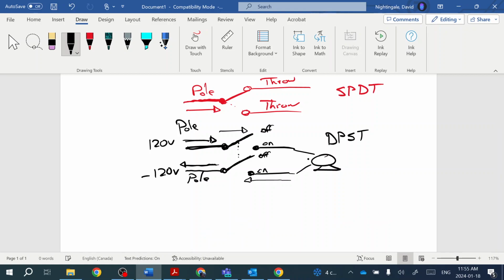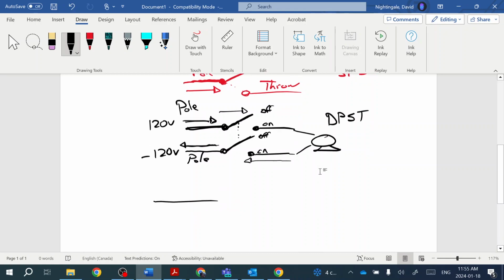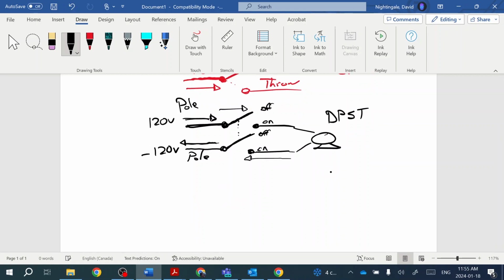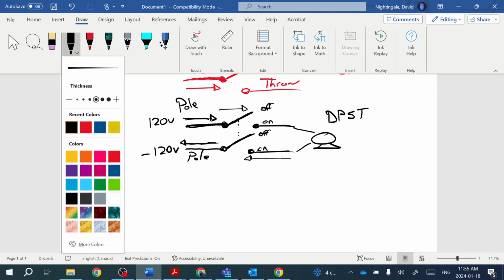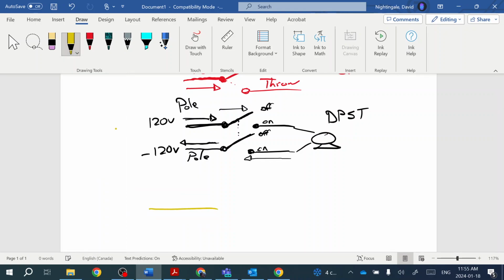Lastly, we have a double pole, double throw switch. In that case, let me change up my color here. We have two current carrying conductors coming into the switch, and they're going to be mechanically linked.